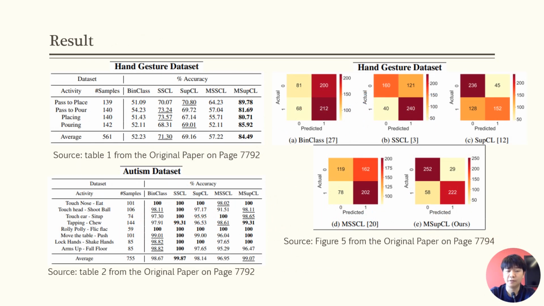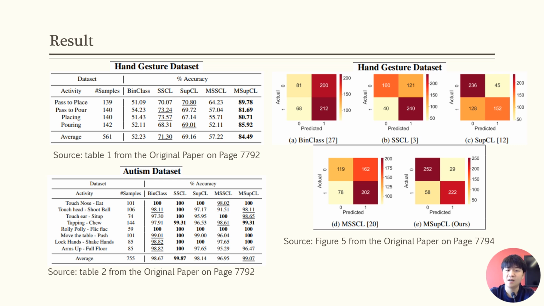Here is the evaluation matrix of the experiment. The average accuracy of the author's method on the hand gesture dataset is significantly higher than that of the traditional binary classifier and other contrastive learning methods. It reached 84%.